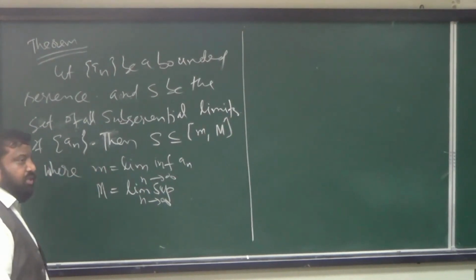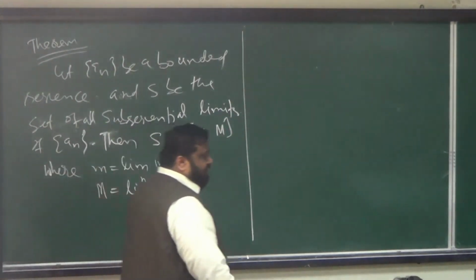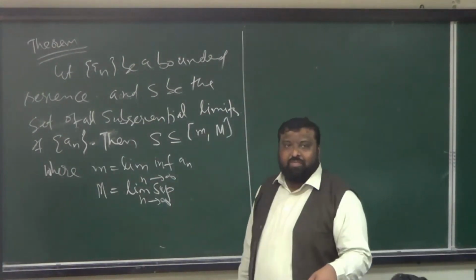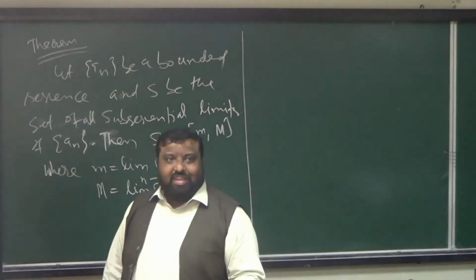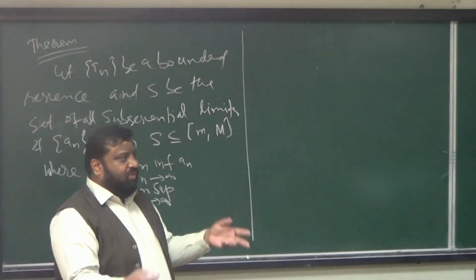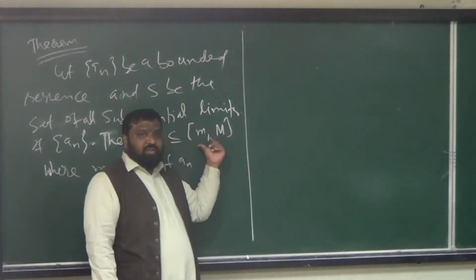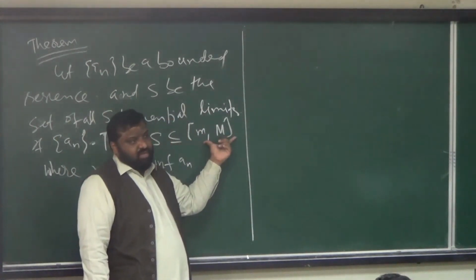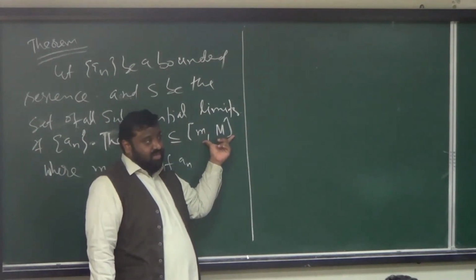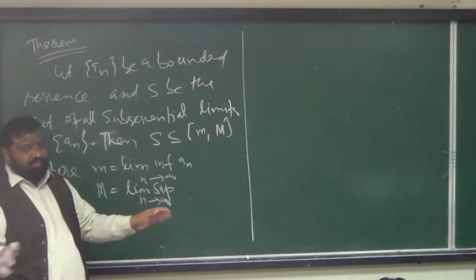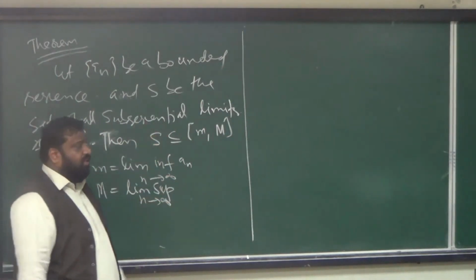Do you think it's something interesting? Just think about it. If you have a bounded sequence and you want to have convergent subsequences, their limits are always going to stay between the lim inf and lim sup of the sequence. So it can't go beyond actually. Lim inf and lim sup. That's the set where all limits are sitting.